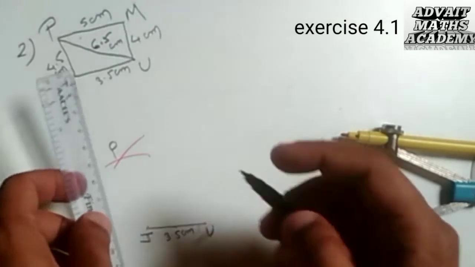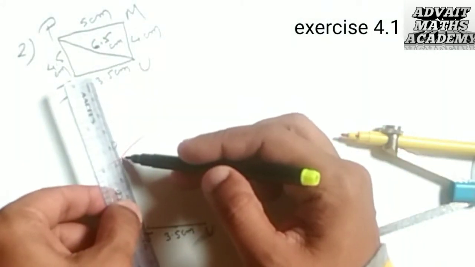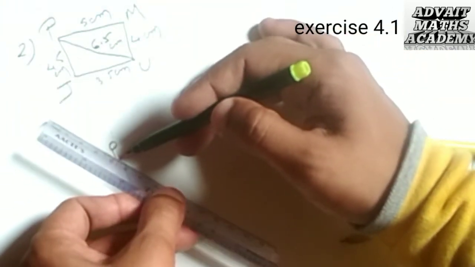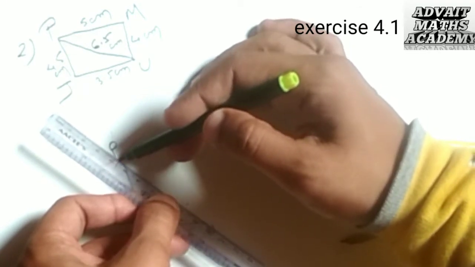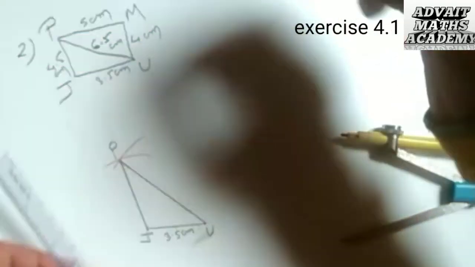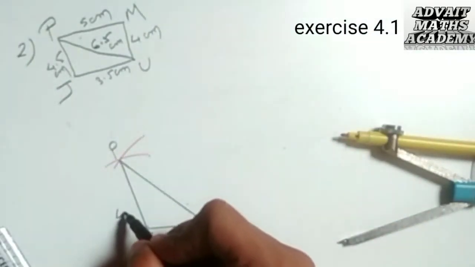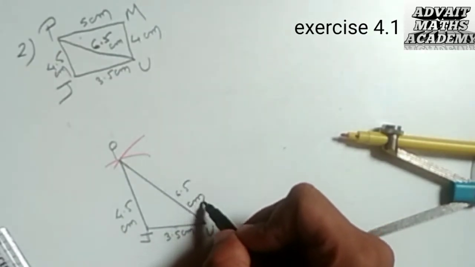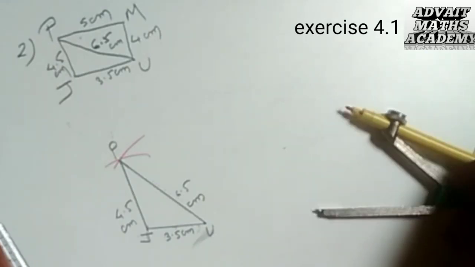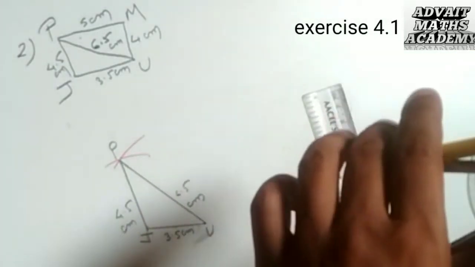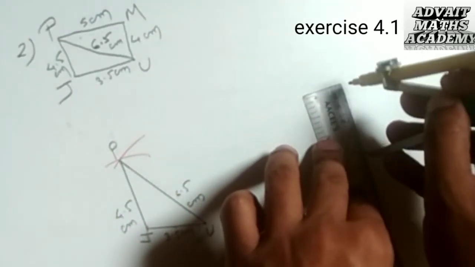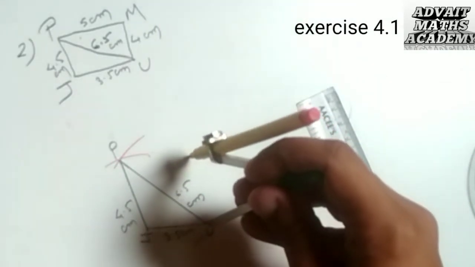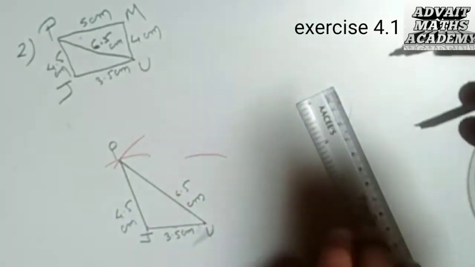With the help of ruler, join these 2 points. These are 4.5 centimeter and 6.5 centimeter. Then take a distance 4 centimeter in your compass from U. Make this 4 centimeter.